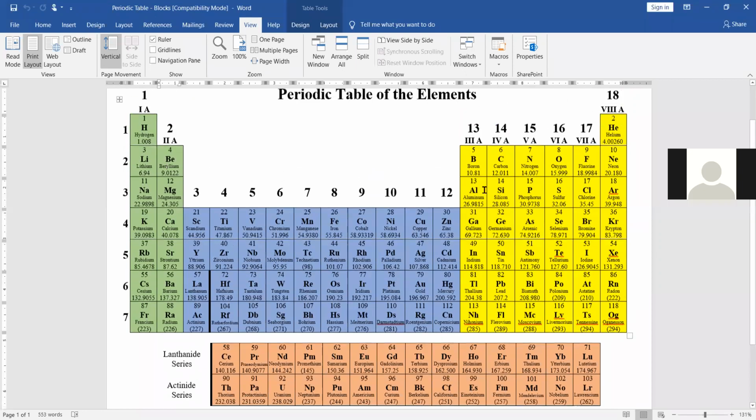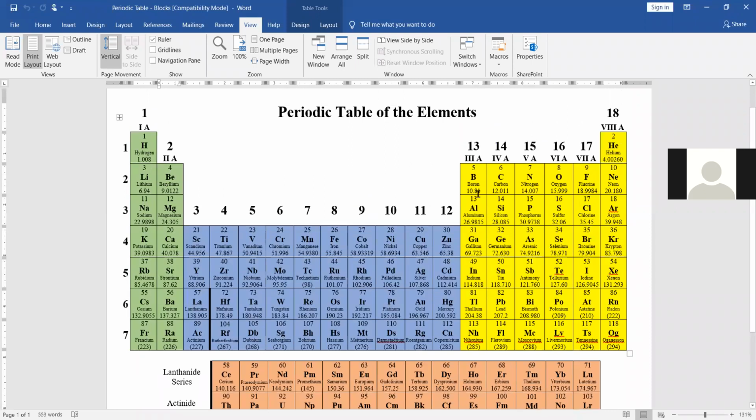Which one is the inert gases? 13. It's 18. Come on, you should know that by now. Even if you had forgotten it before class, you saw me going through all these examples. You should realize these are the inert gases.